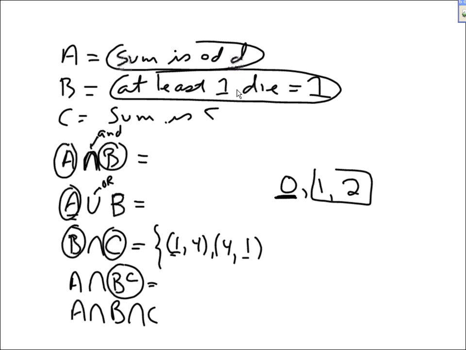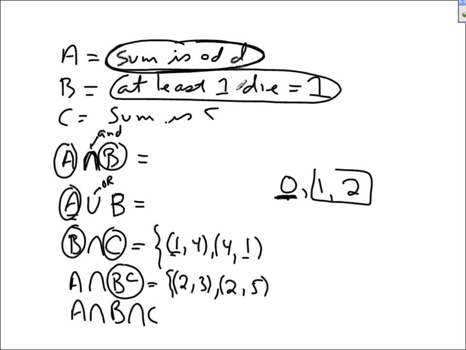That means we want 0 1s. We want the sum to be odd and no 1s. Okay, so I'll start with 2. To get odd, you can have 2 and 1, but you can't have a 1. So it's 2 and 3. Just add 2. 2 and 5.